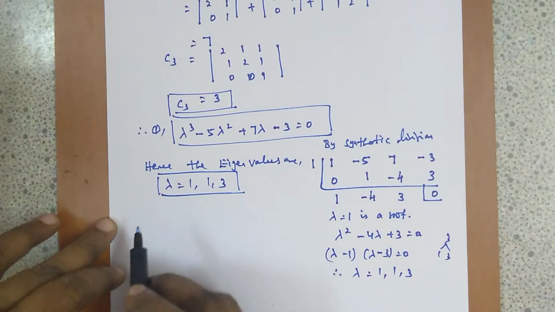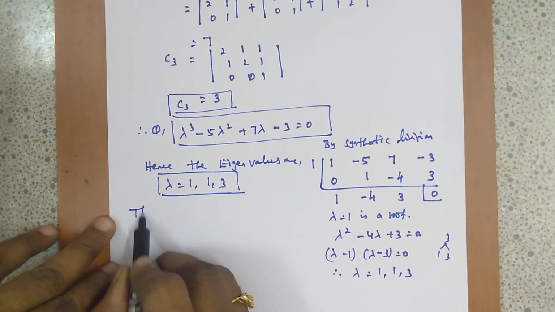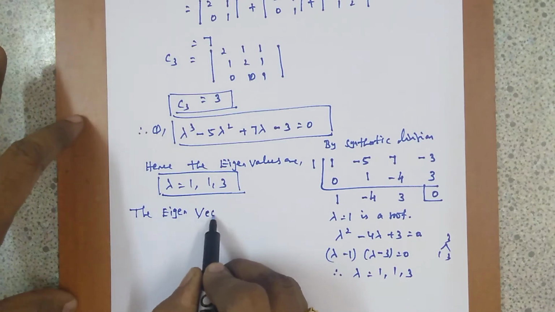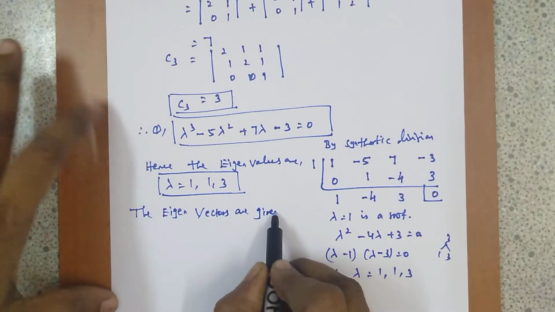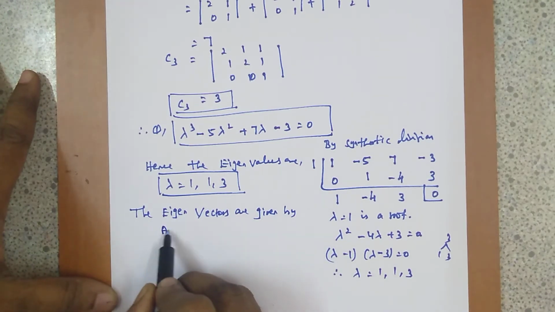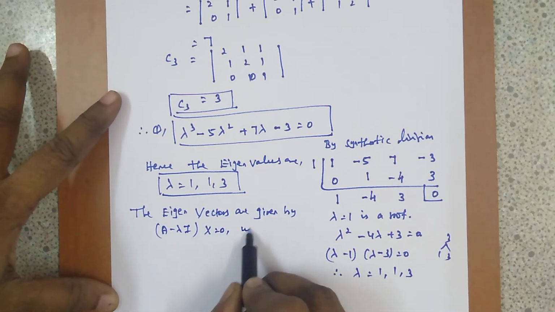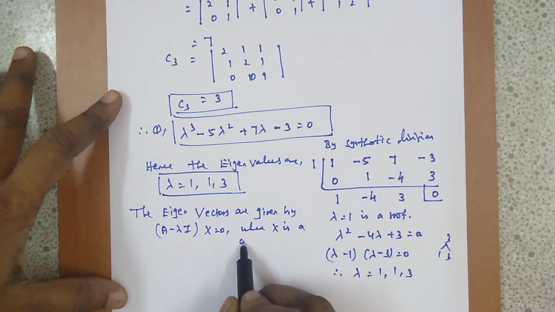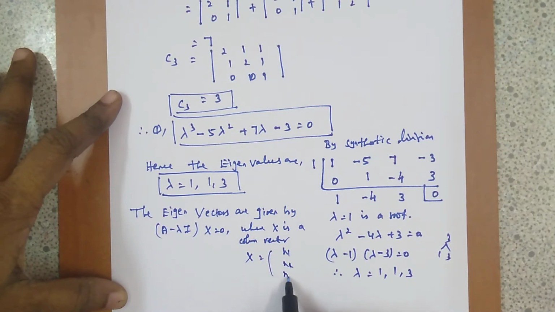In the next step we need to find the eigenvectors. The eigenvectors are given by (A minus lambda I) X equal to 0, where X is a column vector, that is X equal to [x1, x2, x3].